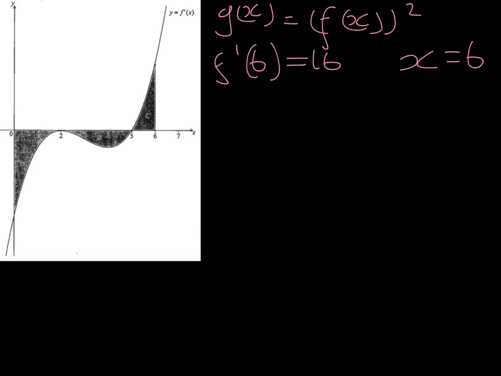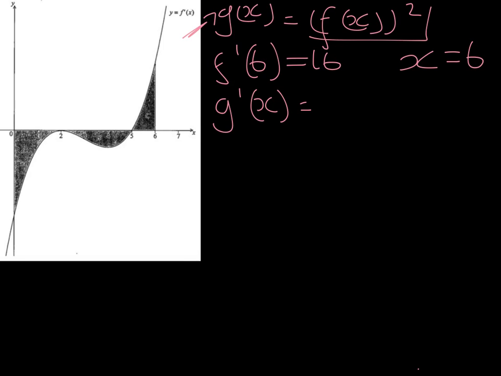To work this out, we are trying to find the tangent. Therefore, the starting place is looking for the gradient. To find the gradient, we take our function here and find the derivative, so we're trying to find g dash x.